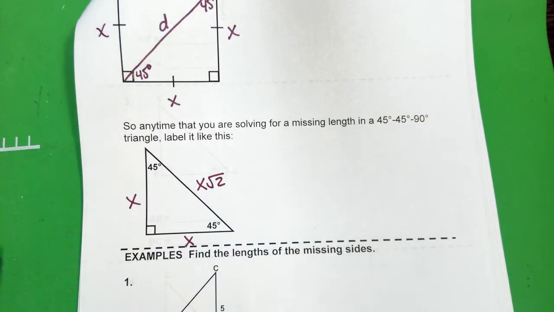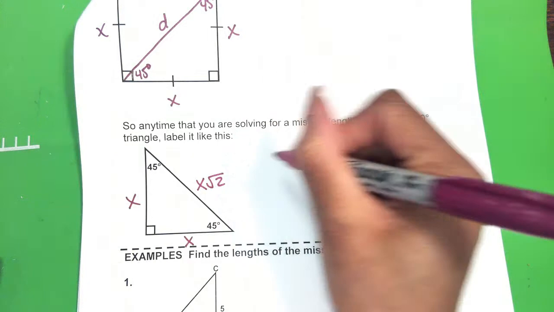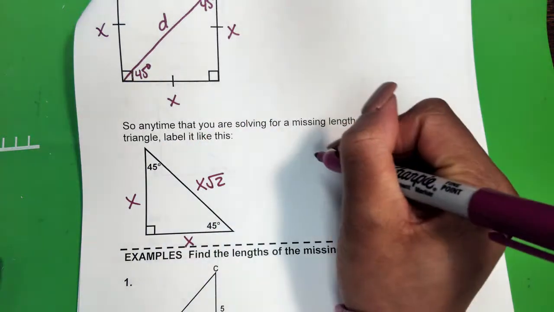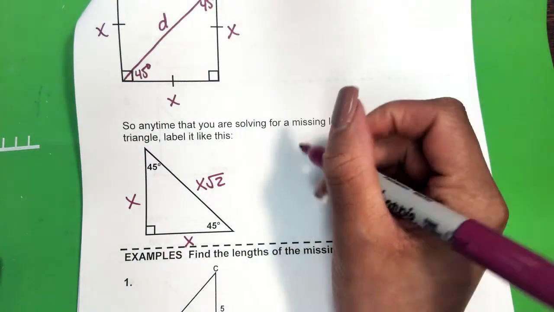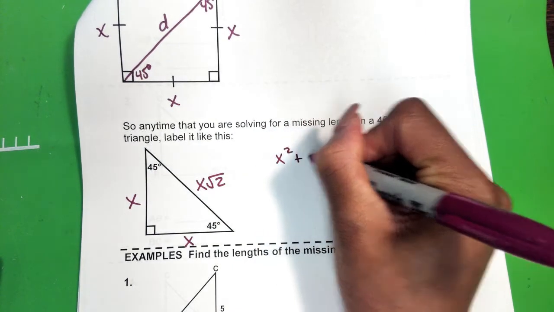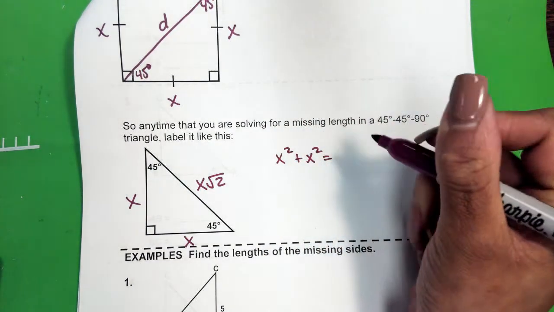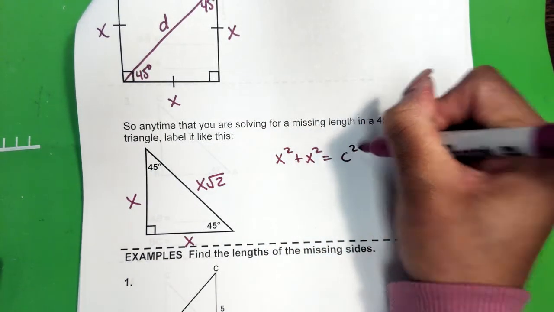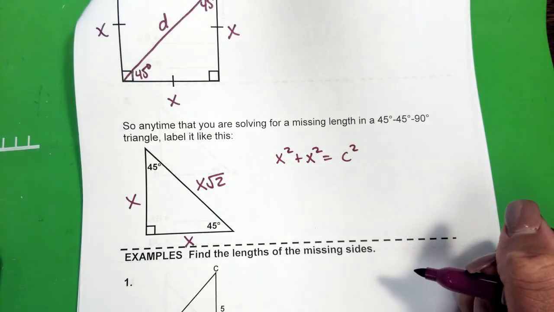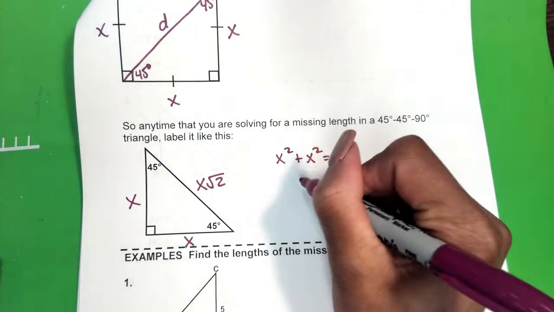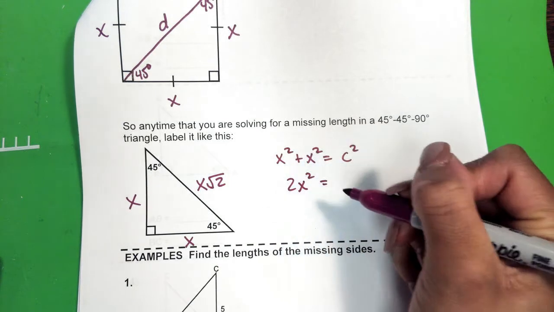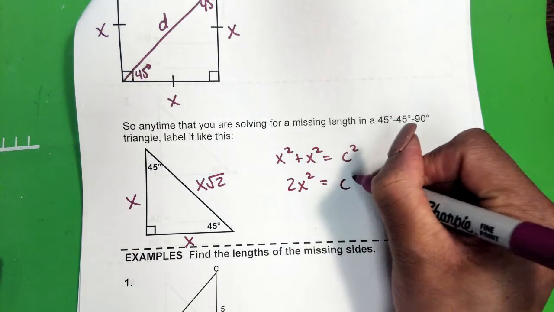Now where did that x square root of 2 come from? It derives from the Pythagorean theorem. Let's say I take both of my sides, so I have x squared plus x squared is c squared, or our diagonal squared. Either way is fine. I end up with 2x squared equals c squared.